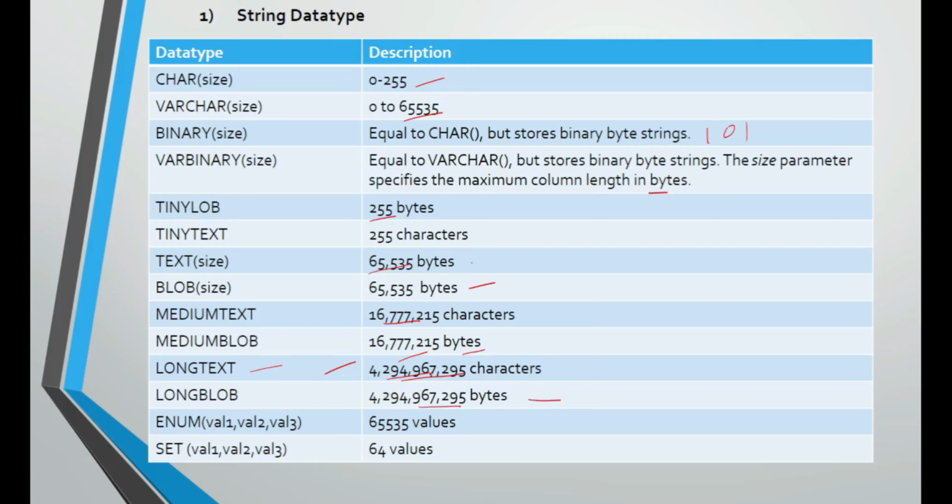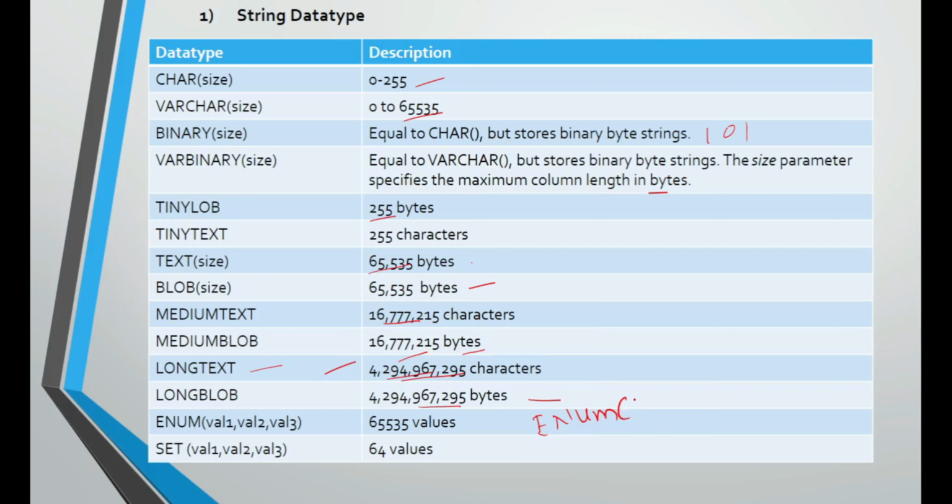Then we have enum. In enum we have to provide the values which we are going to store in the column. Suppose there is a column called gender. In this we are going to store only two values, female and male. Then we can go with the enum.